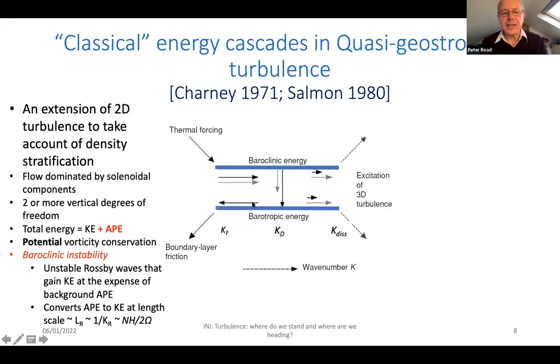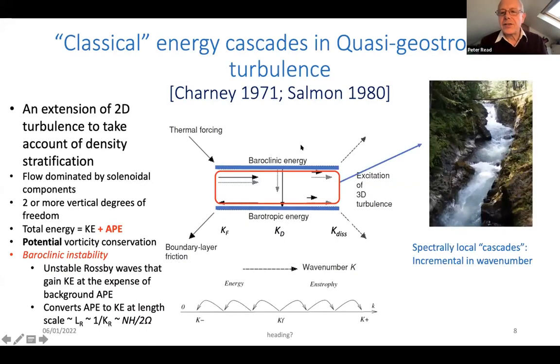Kinetic energy then tends to cascade in the barotropic case towards large scales, while the entropy tends to cascade towards small scales in a similar way to conventional 2D turbulence. And the conventional view is that this is essentially a spectrally local incremental cascading wave number, which I've illustrated schematically here.